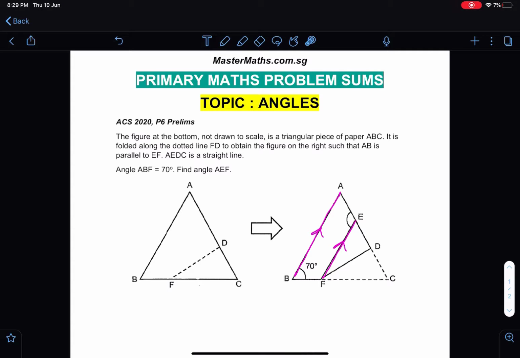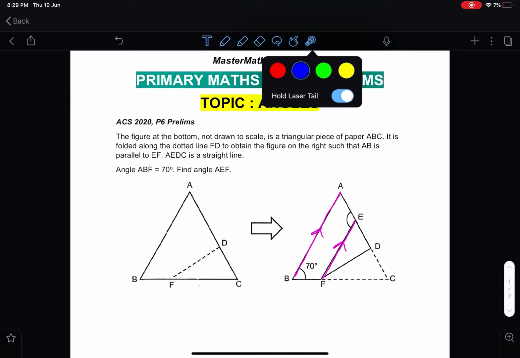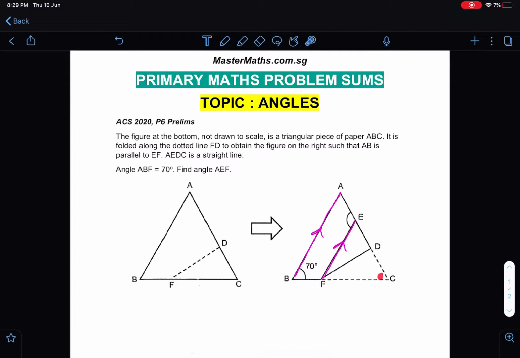Now, I'd like to mention a little bit about folding questions. When you take this portion here and fold it in, it's like a mirror image. Whatever was on the right side now becomes the left side. I repeat, whatever is on the right side now becomes the left side.